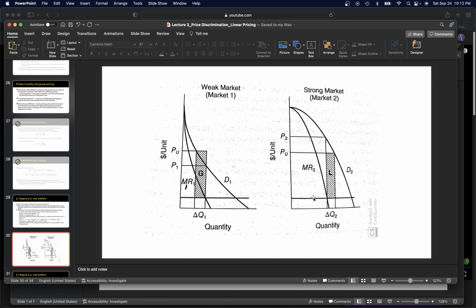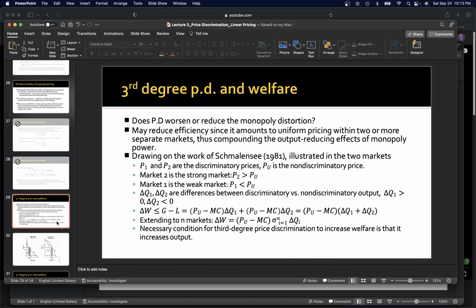And this one, on the other hand, in the strong market, when prices rise from uniform to discriminatory, you lose this rectangle and the L here, but you're only looking at this one, the L. So this is a lower bound. It's the least amount of loss given an increase in price. So that's how we interpret these numbers, and that's why this gain is the high estimate and this L is the low estimate.